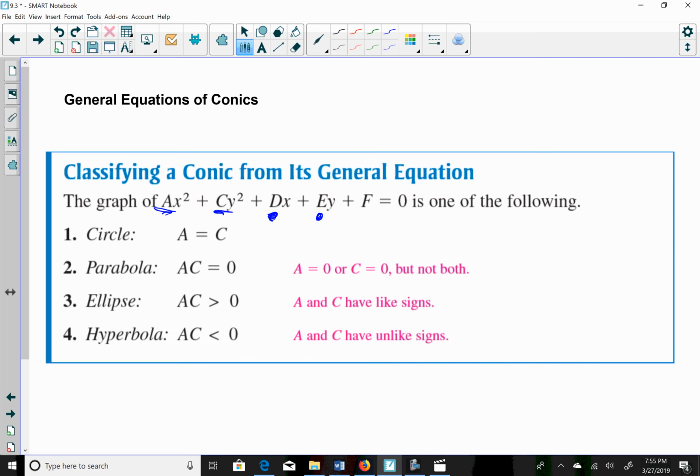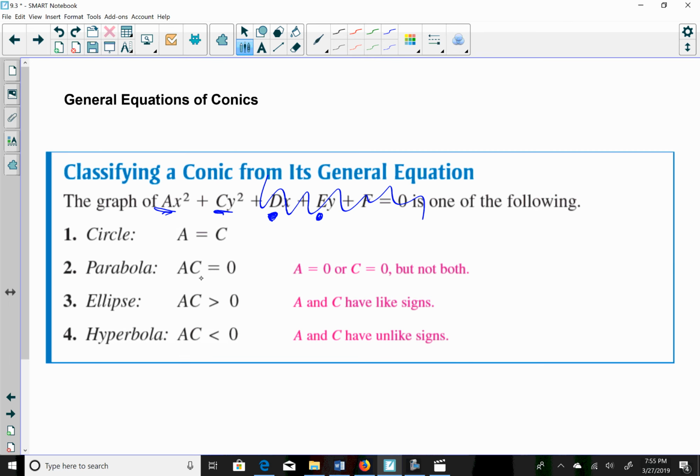What you're going to notice is how every single one of these just has a and c. So when I go to classify a conic, I just care about what is squared. All this other stuff doesn't affect the shape of the conic. It just tells me where that conic is located. So if a and c are the same, so both variables are squared and they're the same, it's a circle.